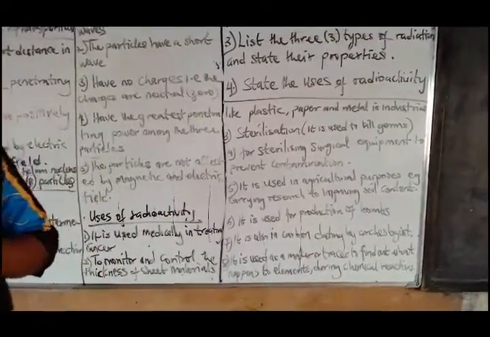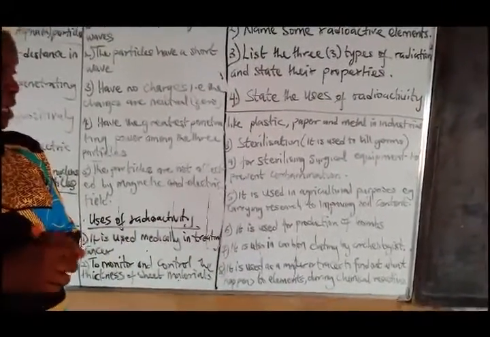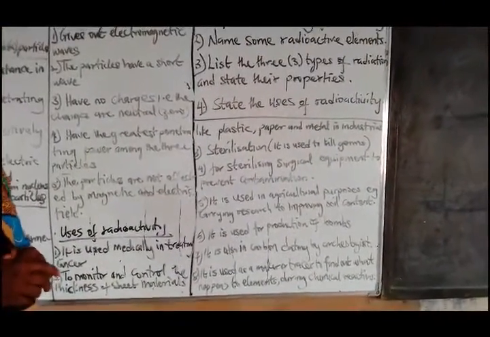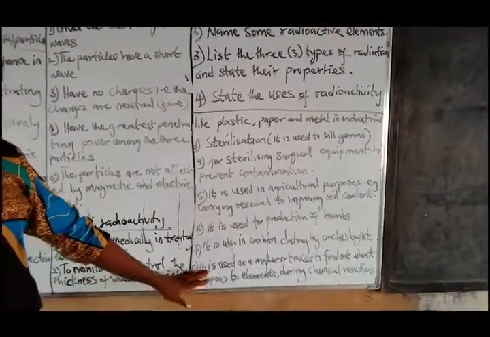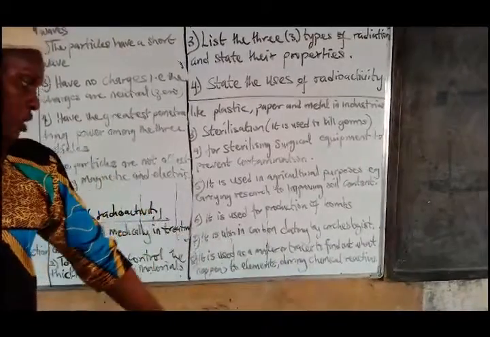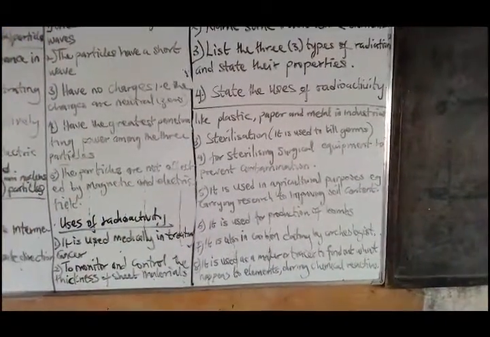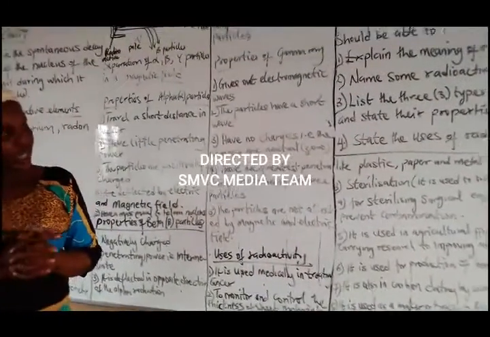This is the negative effect of it. 6, it is also used in carbon dating by those who study ancient materials. Then lastly, it is used as a marker or tracer to find out what happens to elements during chemical reactions. With this, we come to the end of today's lesson.